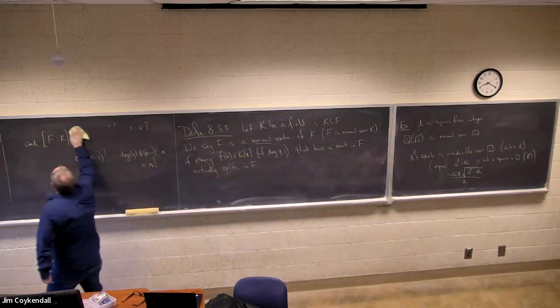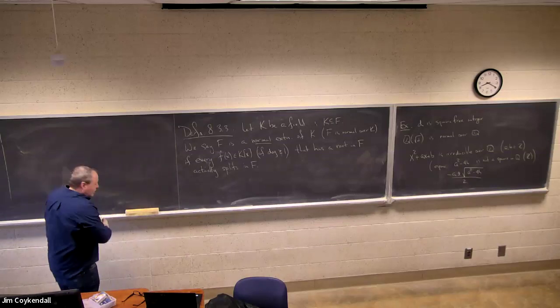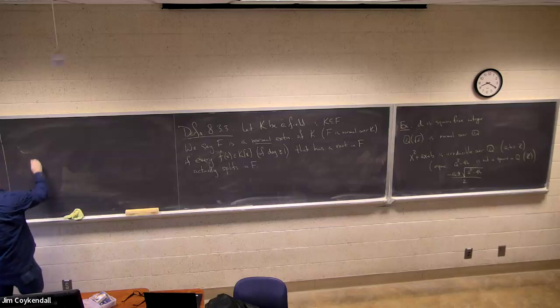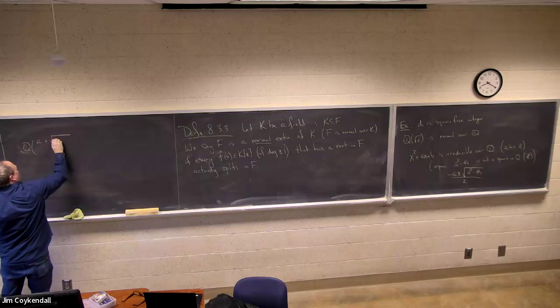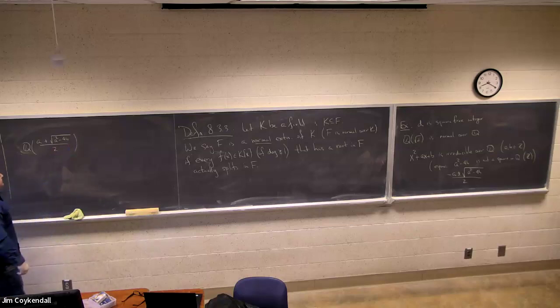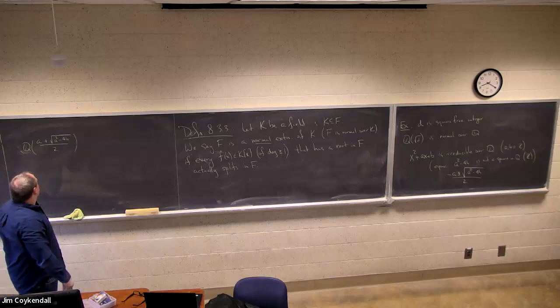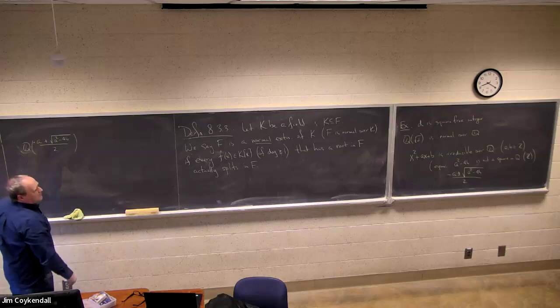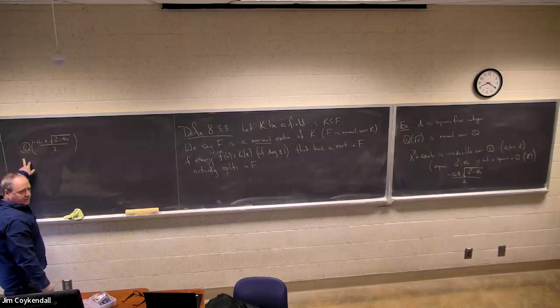Notice that if you have one root, you have the other. Because suppose that you take Q adjoin (a plus the square root of a squared minus 4b) over 2. Should that be negative then? Yeah, that's right. Notice if you have this root, you have the other. Let's see why.